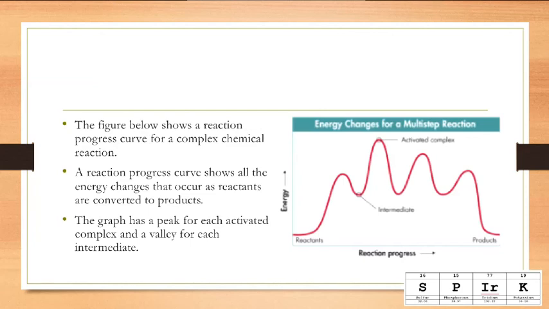This figure over here shows a reaction progress curve for a complex chemical reaction. A reaction progress curve shows all the energy changes that occur as reactants are converted to products. The graph has a peak for each activated complex and a valley for each intermediate. So this looks like 1, 2, 3, 4 different reactions to get to the desired products.